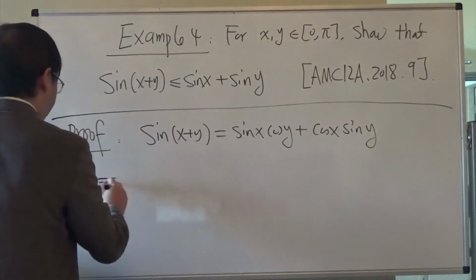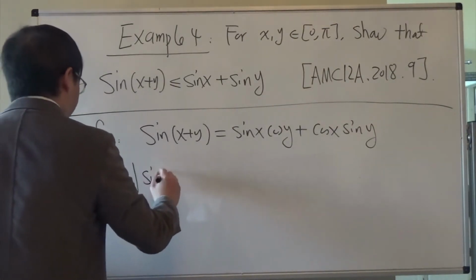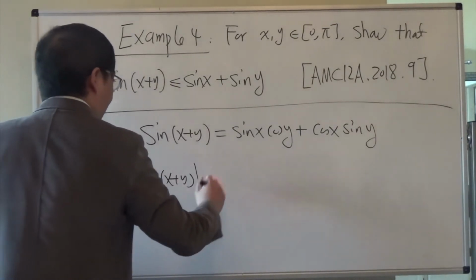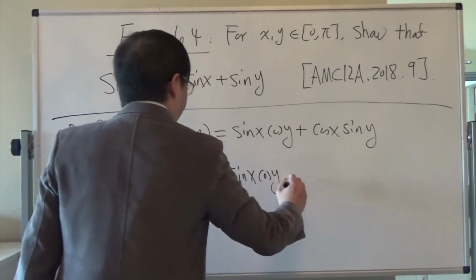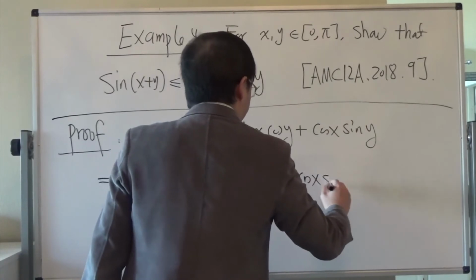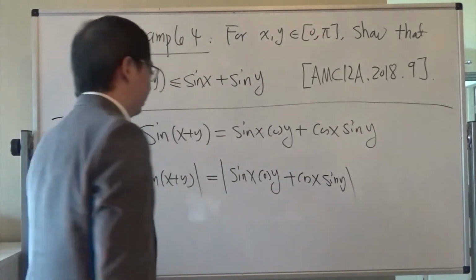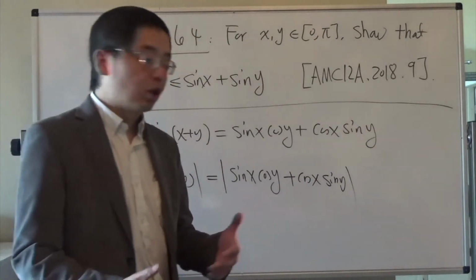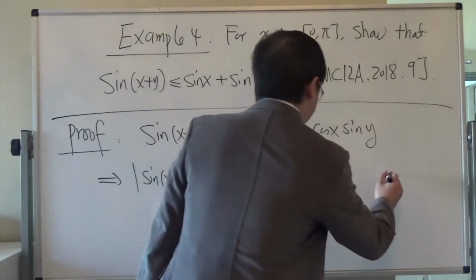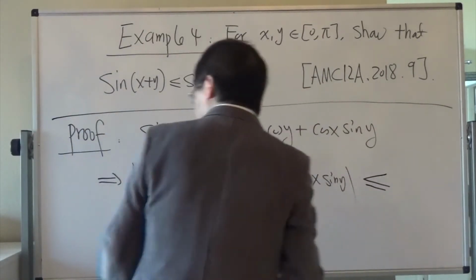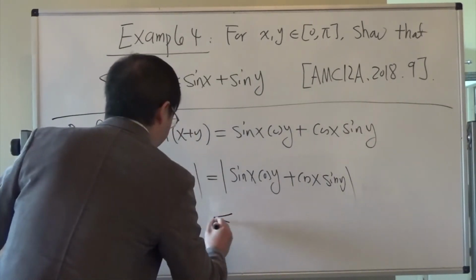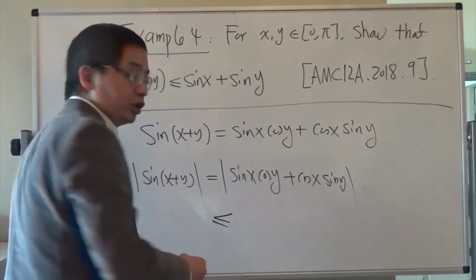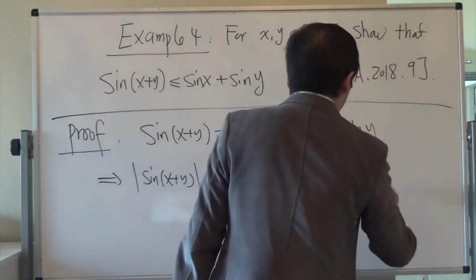The absolute value of sine of x plus y equals the absolute value of sine x cosine y plus cosine x sine y. Now we use the triangle inequality, so this is less than or equal to. Here we use the triangle inequality for absolute value.